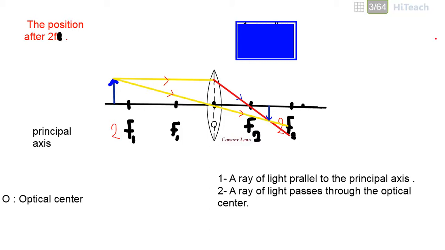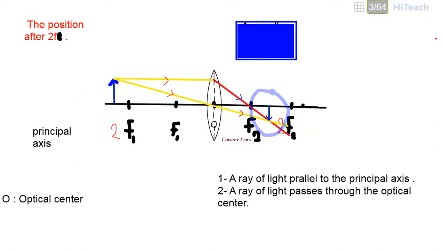Look at it. From this drawing, we now want to know the properties of this image. The first one is inverted, as you see. The second one: because it's formed from the refracted rays, not from the extension of the refracted rays, it's a real image.